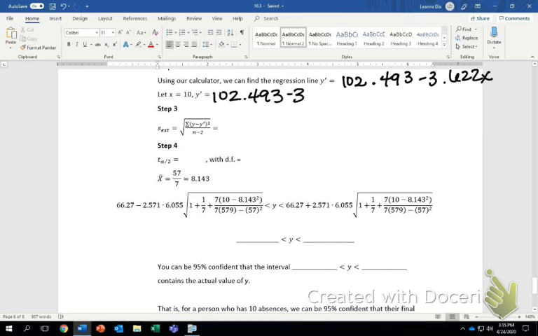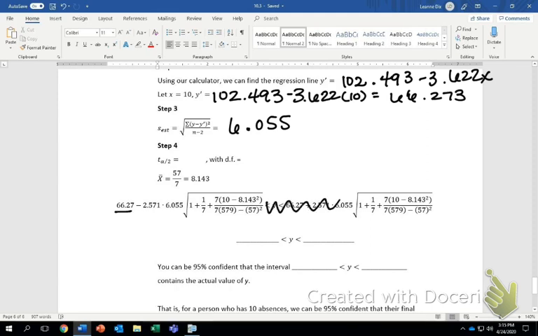And after I plug it in, I should get an answer of 66.273. All right, and I'm going to carry over my standard error estimation, and when I carry that over, it should be 6.055. And so notice how now I have all these pieces. I'm going to start carrying them down into my interval from my formula.